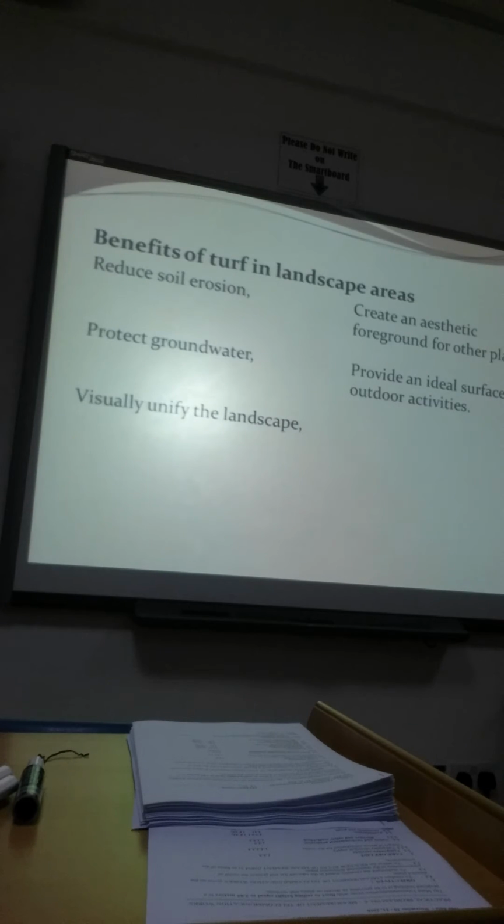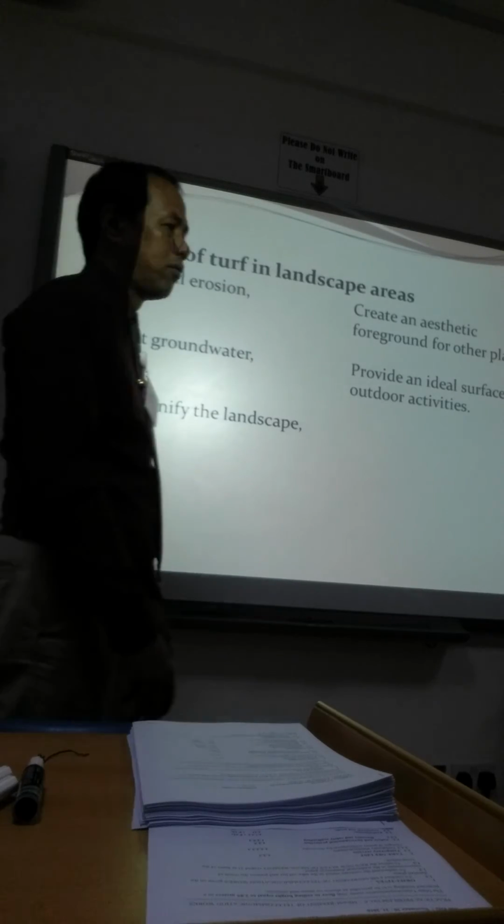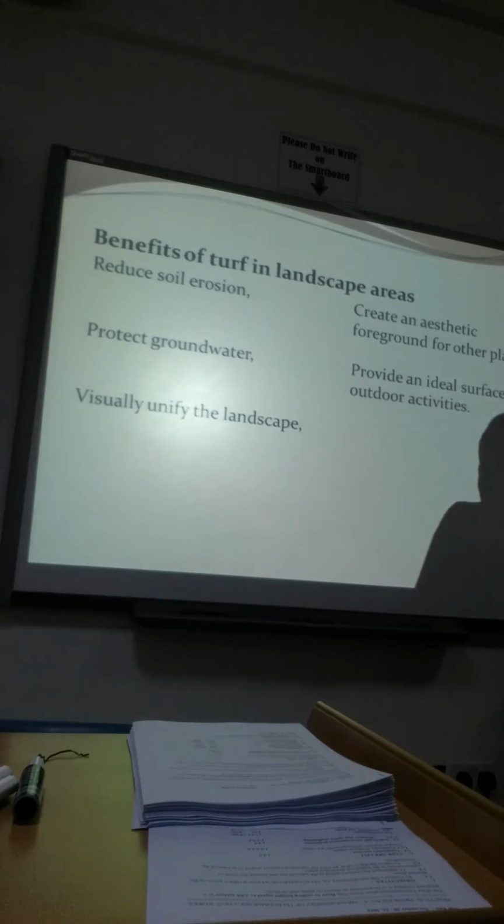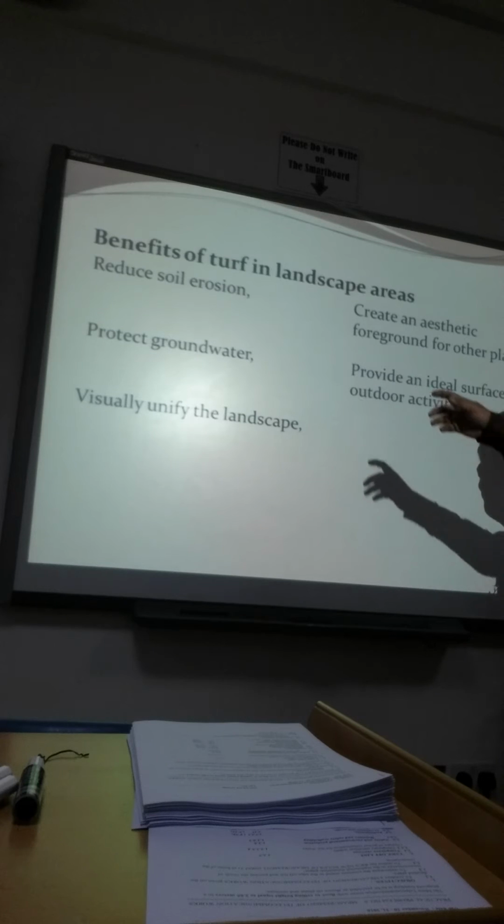Then, benefits of turf in landscape areas. It reduces soil erosion, meaning the disintegration of soil from its original location going to the lower ground, maybe due to floods or being carried by water.